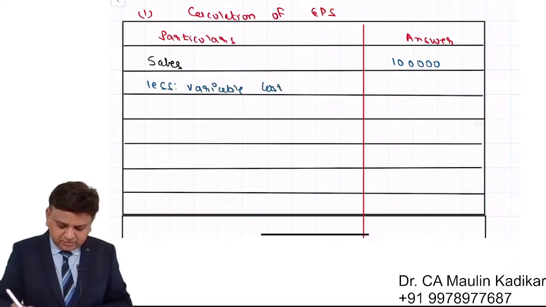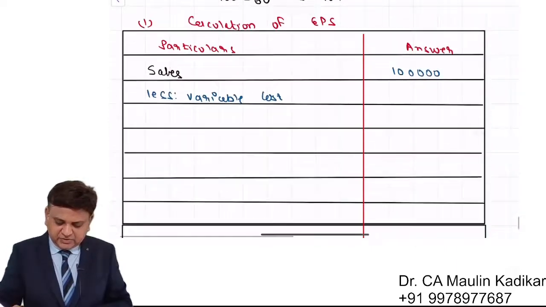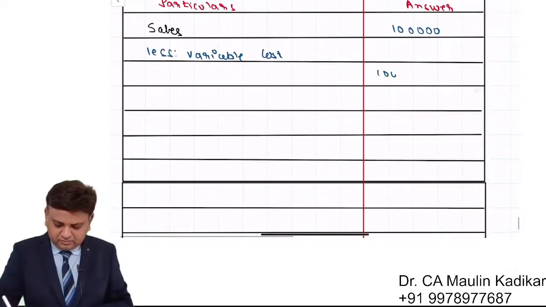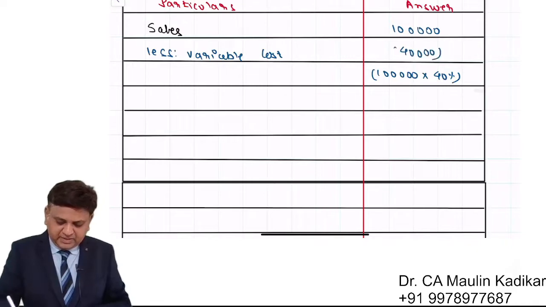Less variable cost, it is 40% of the revenue, that is 40,000.